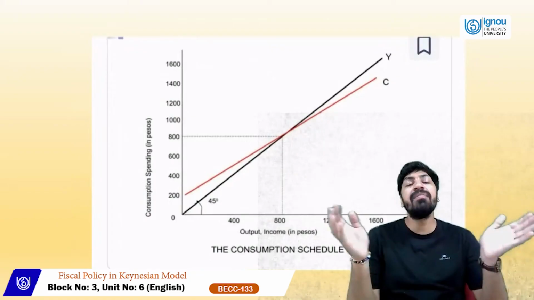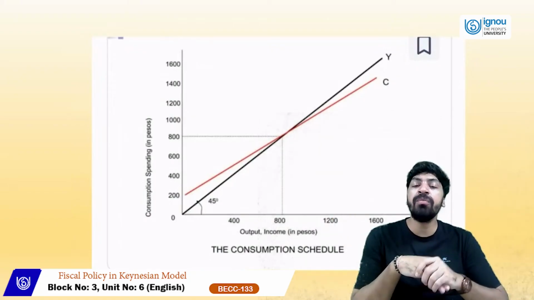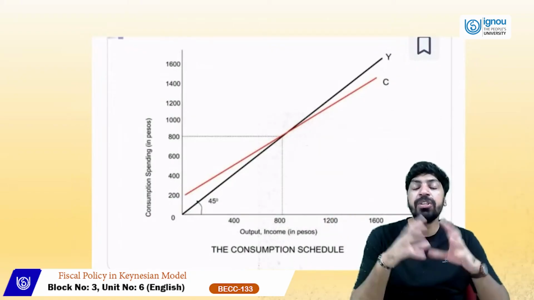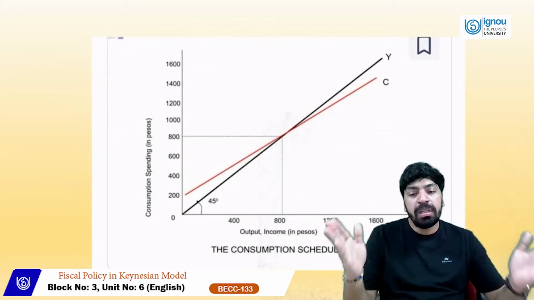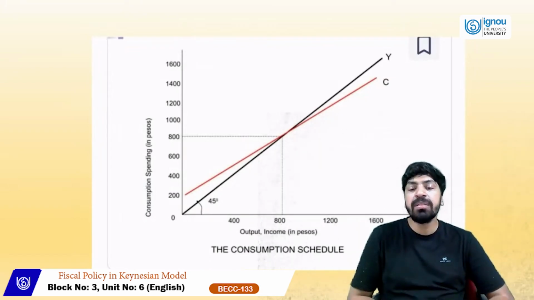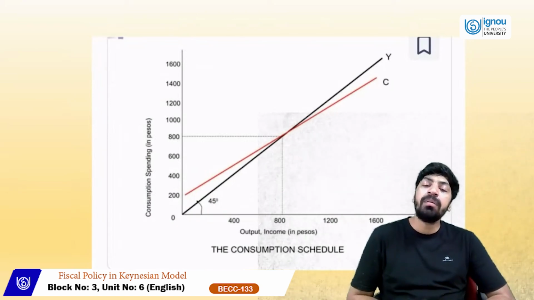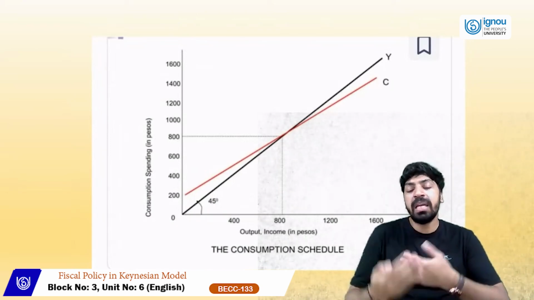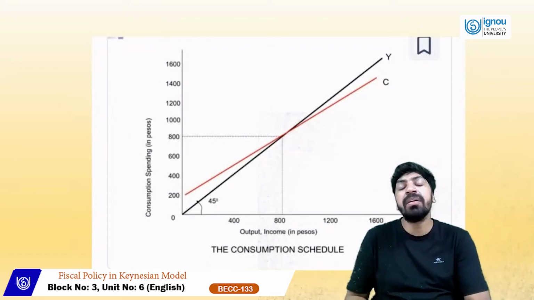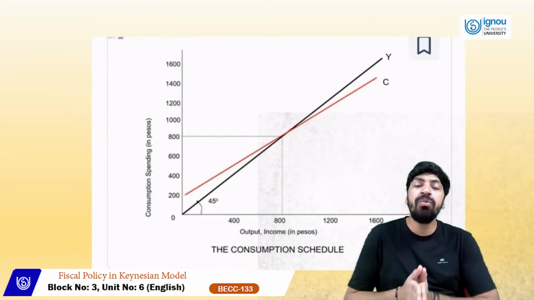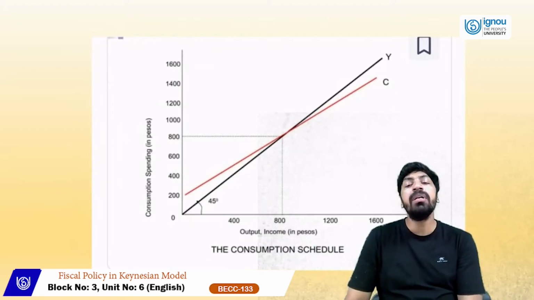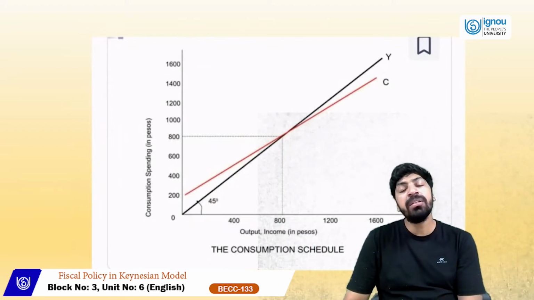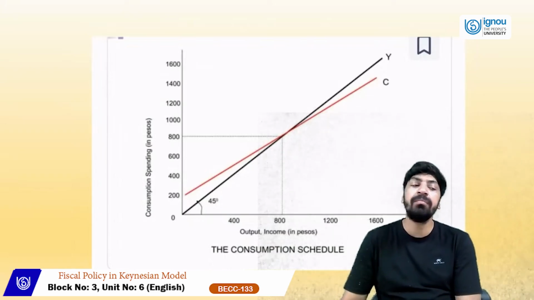This graphical representation is shown by the consumption schedule, which shows the total consumption of all the consumers, that is, how much they consume in respect of their income. When we show a graphical representation of a consumption schedule, it is called the consumption curve or income curve.